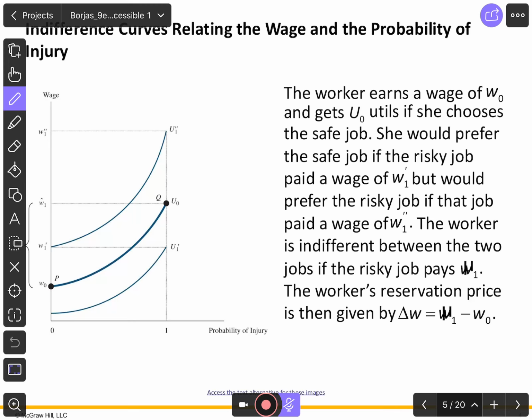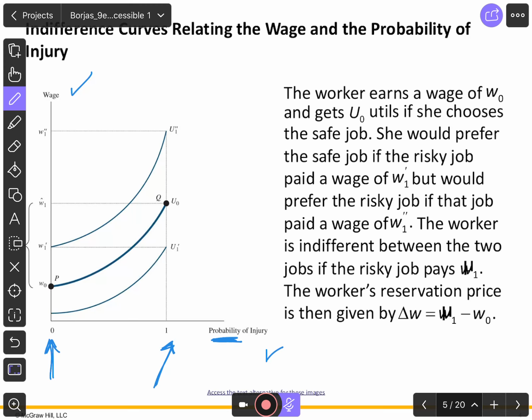You can think of the combinations between wage and probability of injury as a set of indifference curves. This is a probability, and you know from a statistics course that probability ranges between 0 and 1: nothing happens, or 100%, everything that can happen.